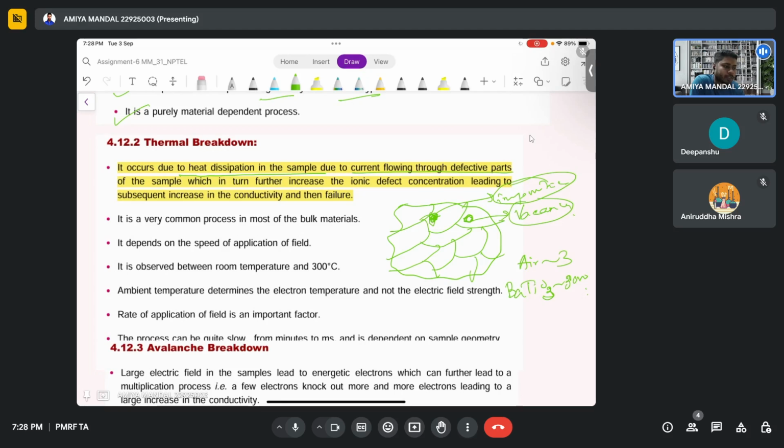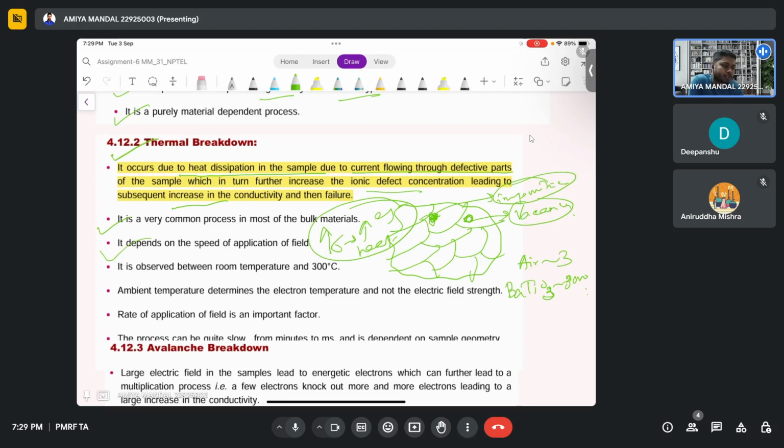So this affects the dielectric material. Okay. So it leads to a subsequent increase in the conductivity, and this increment in the conductivity produces heat. Okay. So it is a very common process in most bulk materials. Thermal breakdown develops in bulk materials also.